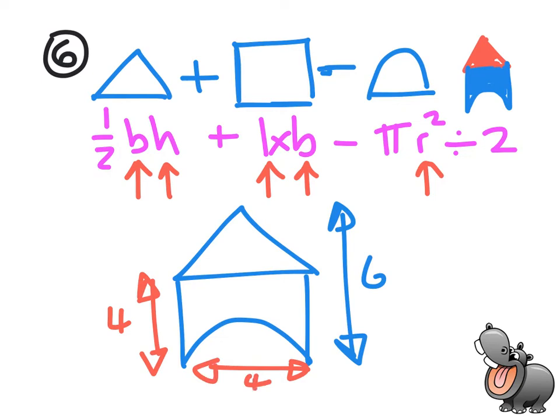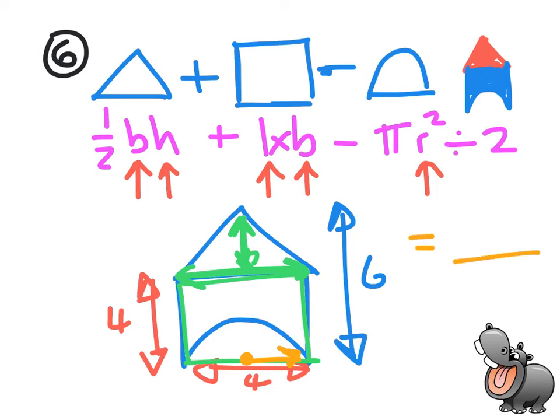Using these numbers, you should be able to work out how tall your triangle is and how wide your triangle is. You know what the square is, and similarly you should be able to work out what the radius of the semicircle is. So plug all these numbers into that big formula and you should get a nice easy answer.